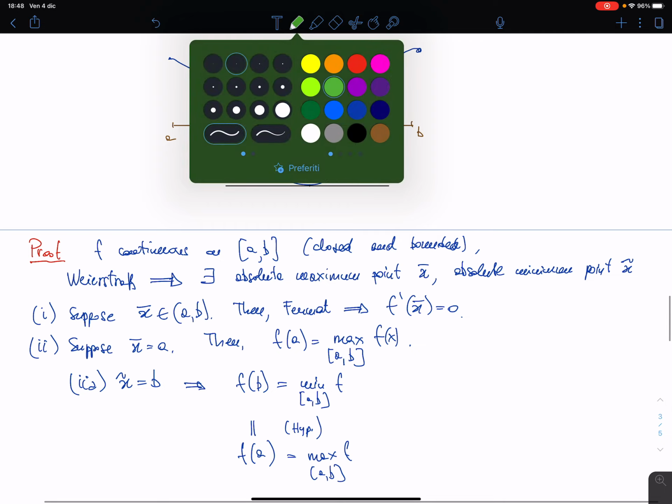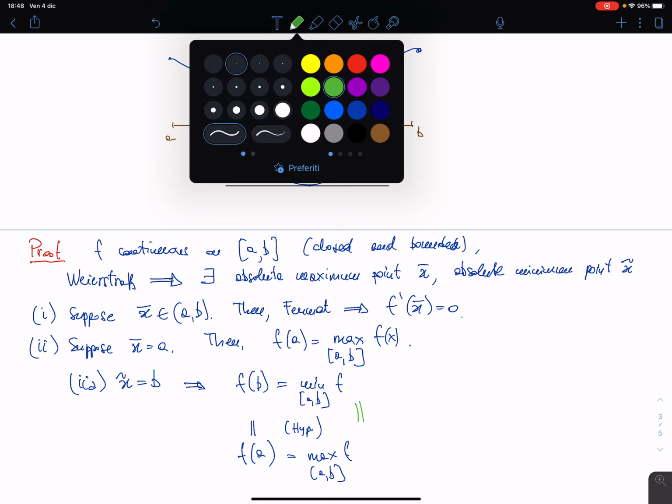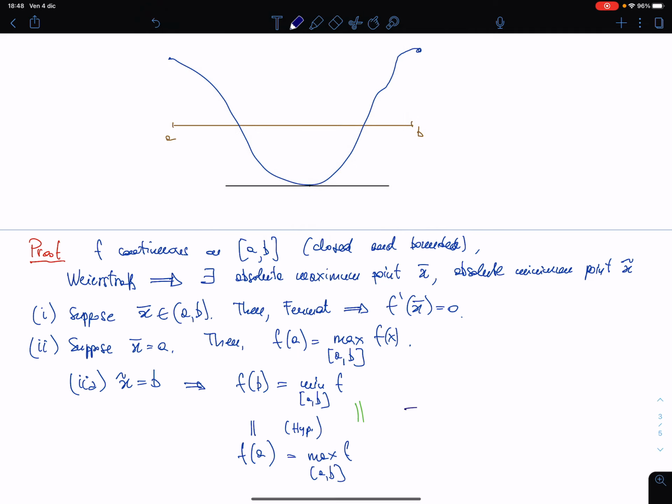So the conclusion is that the maximum is equal to the minimum, and if the maximum equals the minimum, then the function must be a constant. And if f is a constant, then f' is identically equal to 0 in the whole interval [a,b]. Okay?